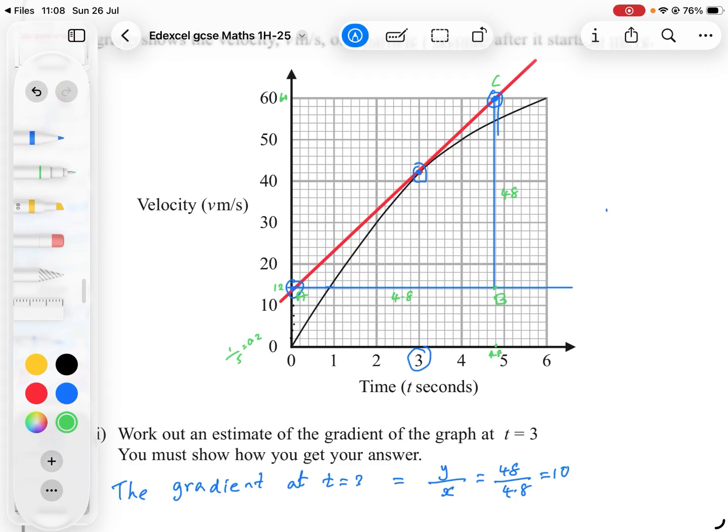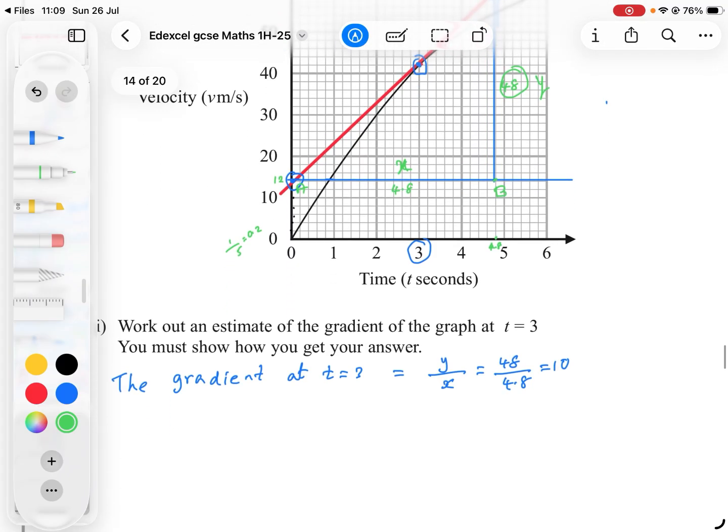So now this triangle has y value 48. This side BC length is 48 units, and x value, so 0 to 4.8, that is the x value. So now gradient is always y over x.